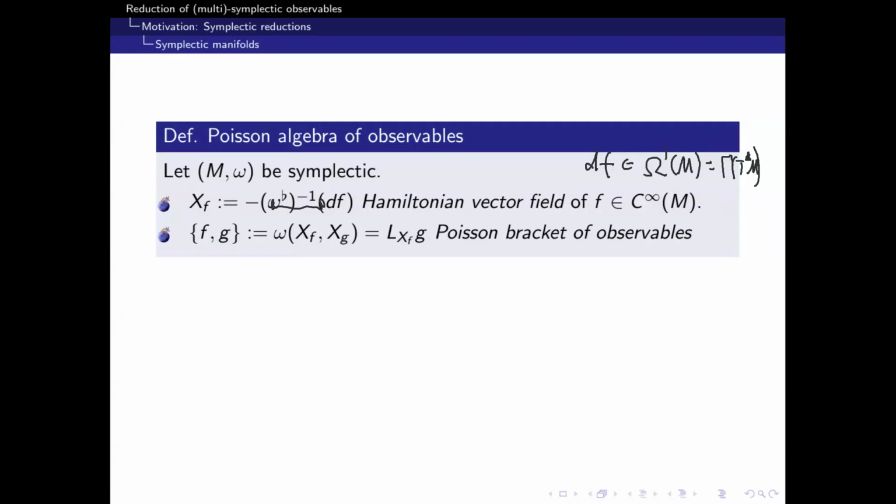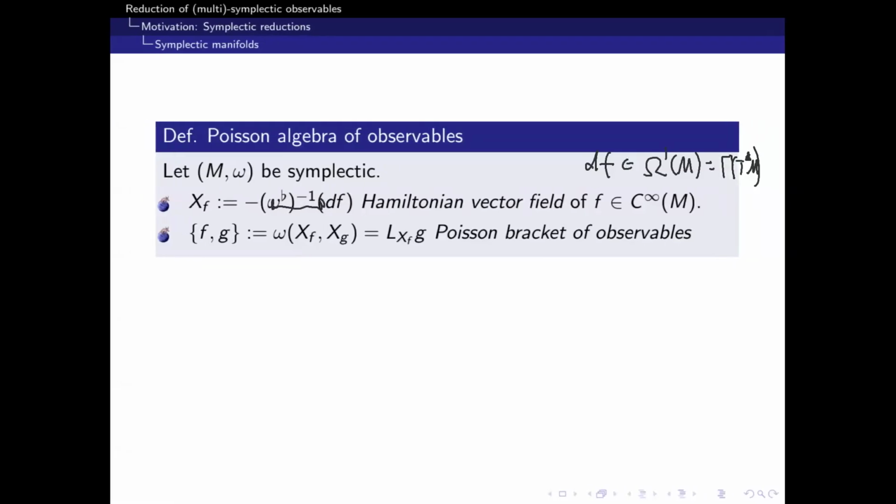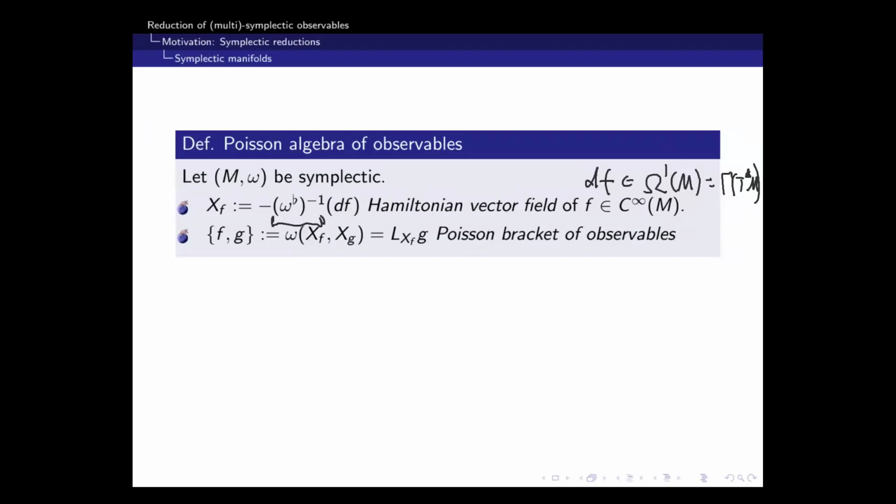So the bracket is built by taking two functions and inserting the vector fields according to the two functions into the form. Again, a little preview or comment: here I have two descriptions for the Poisson bracket, and they are the same.